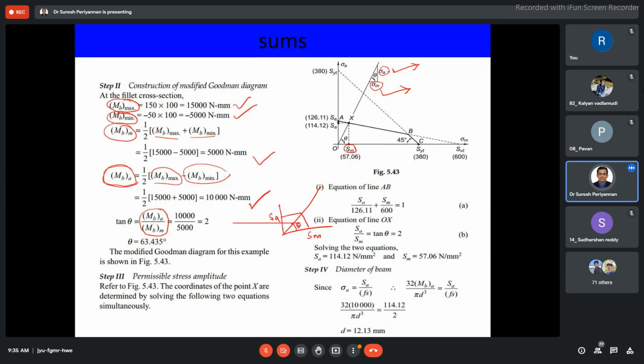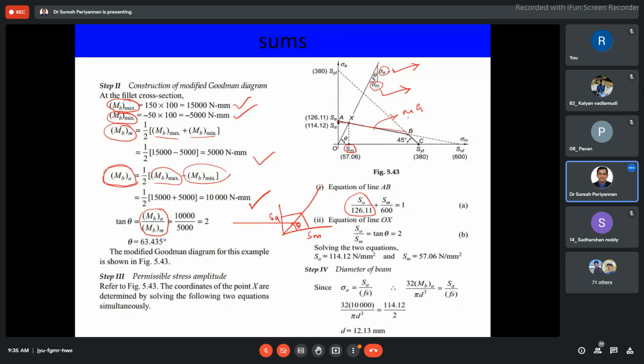Now, the line equation, line AB. This one is our Goodman line, the modified Goodman line.